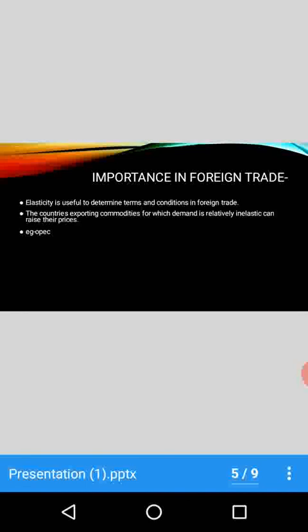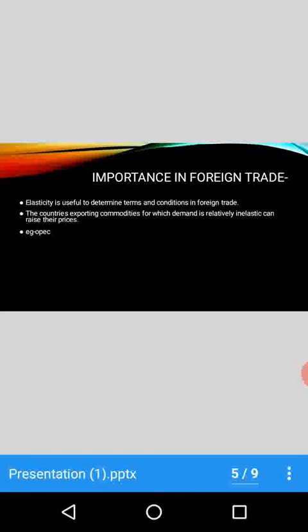Next, importance in foreign trade. The concept of elasticity of demand is useful to determine terms and conditions in foreign trade. The countries exporting commodities for which demand is relatively inelastic can raise their prices. For example, OPEC, the petroleum exporting countries, have increased the prices of oil several times.